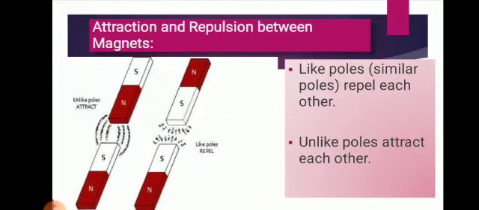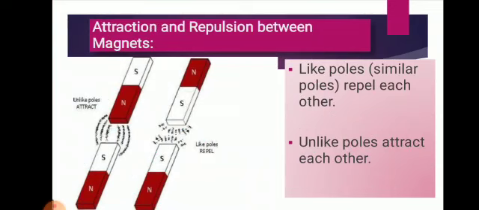Now the second property of magnets is attraction and repulsion between magnets. If we hold a bar magnet in our left hand and another similar bar magnet in our right hand and bring the ends of these magnets close to one another, then our hands can feel the force of attraction or repulsion acting between the poles facing each other. Whether the magnets will attract or repel each other depends on which poles are facing each other.